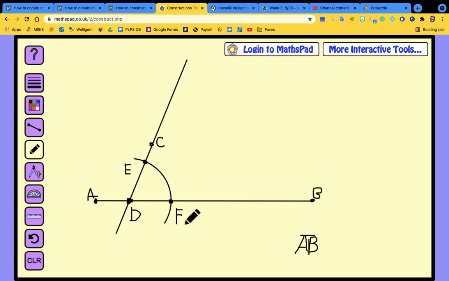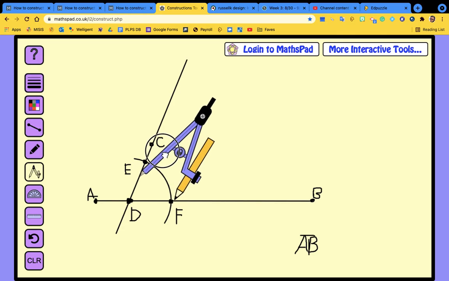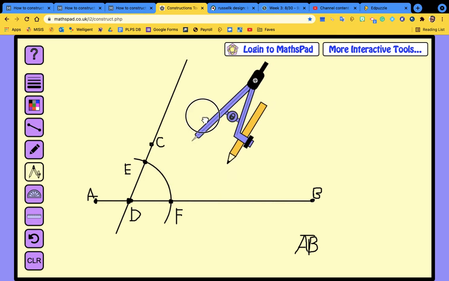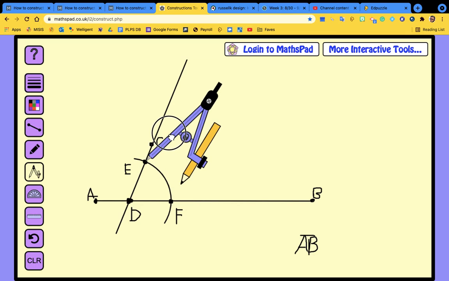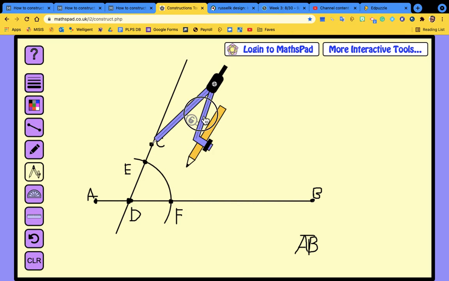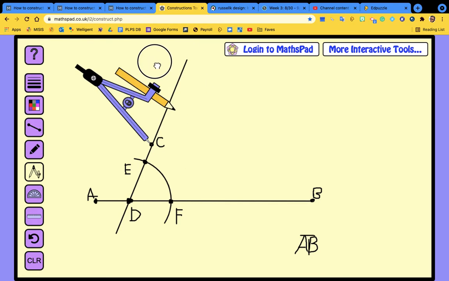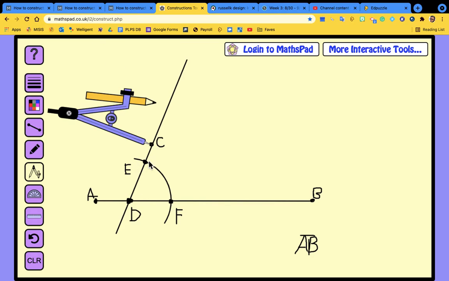Perfect. So now with our compass, everyone, keep the compass at that same length here, right? But now we're going to put the compass on C. So it was on D. Now we're going to put it on C. And again, gotta lock it. And again, I'm going to draw the same arc that I did here.